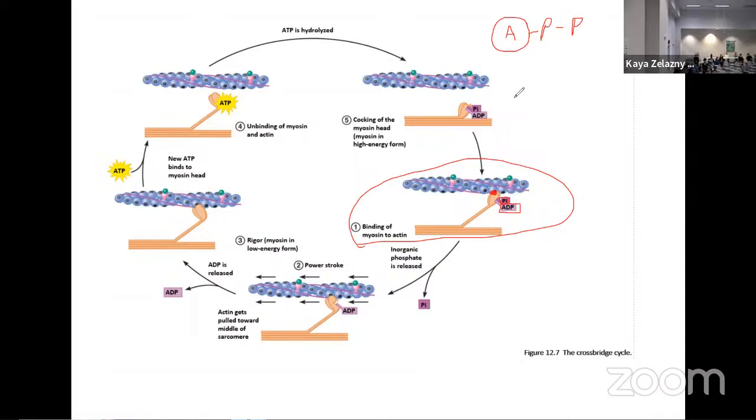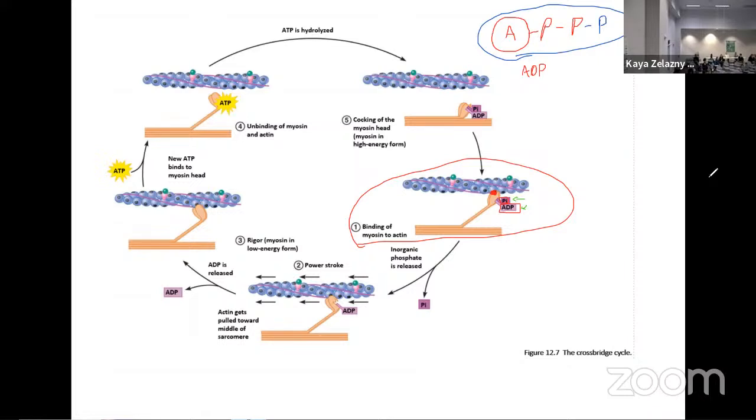The D is for di, so this would be ADP. And if we want to make ATP, we add another phosphate group. So that in full up there would be ATP. What this means when we're looking at this image and we can see ADP and a phosphate ion here is that we've already broken down an ATP molecule and gotten the energy from this bond. Okay, cool. So we're starting out.